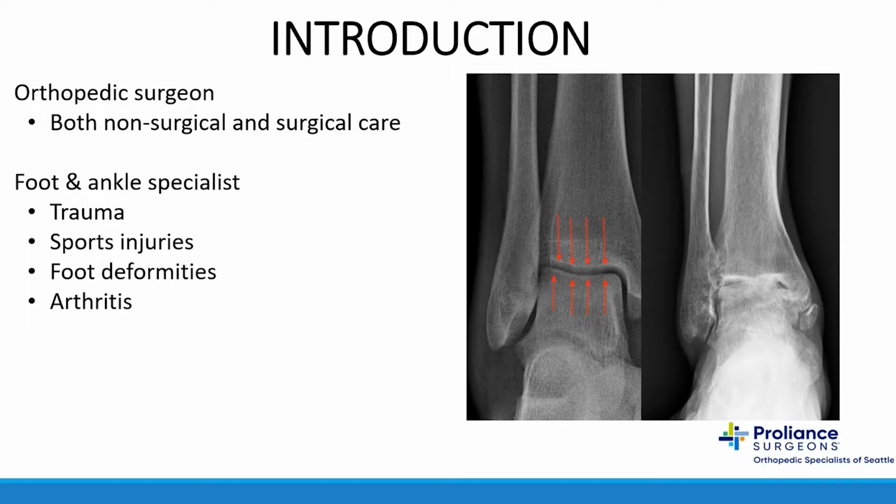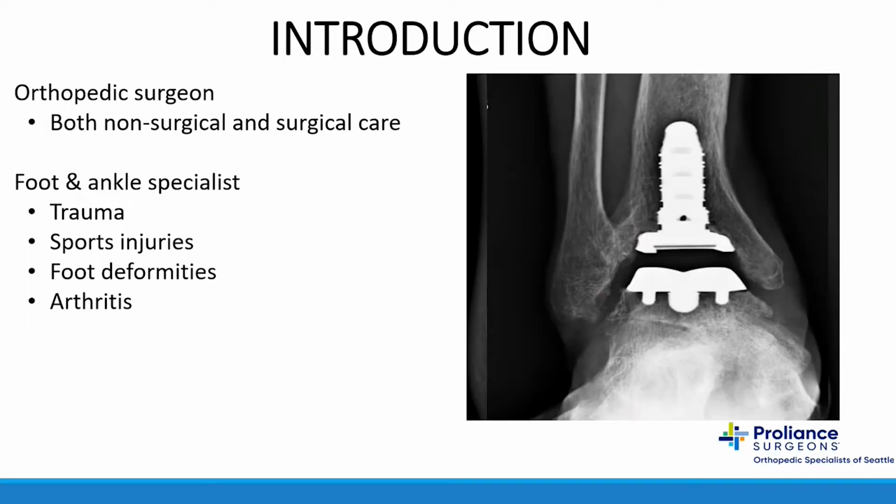So we call this bone-on-bone arthritis, or end-stage arthritis, when the bone is basically grinding on another bone. This next picture will show you one of the treatment options, total ankle arthroplasty, or an ankle replacement, which is often a very successful and reasonable choice for some patients that are at the end of the rope, so to speak, in terms of their arthritis care.